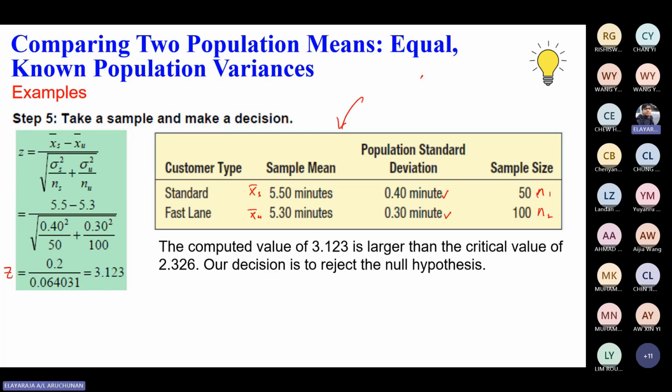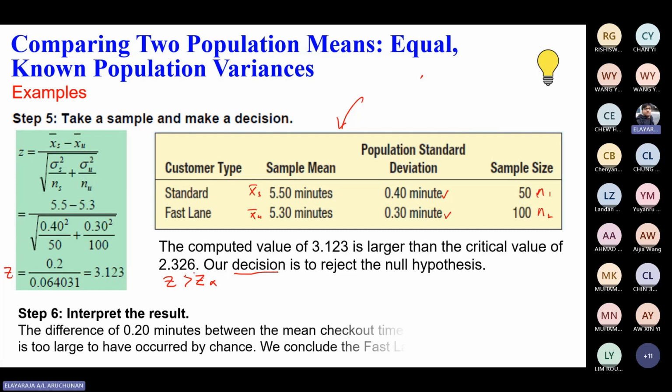The z value is greater than the critical value, your z alpha, so we decide to reject the null hypothesis, because 3.123 is greater than 2.326.